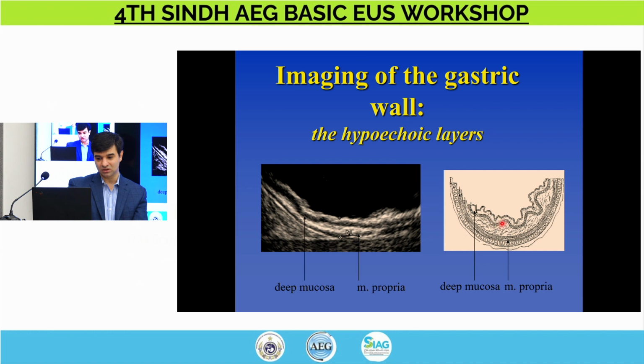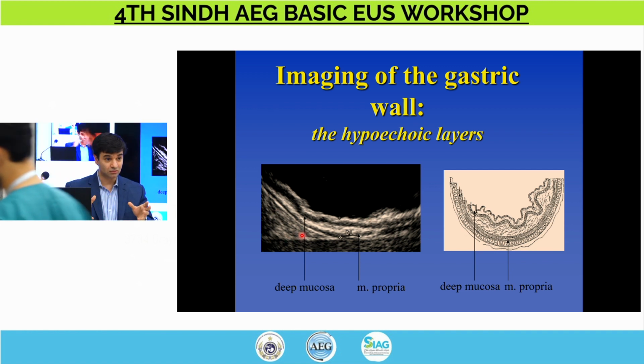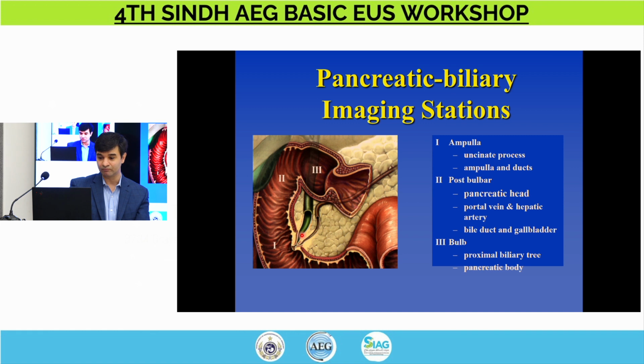Looking at the histological correlate, that is this structure, and it is the muscularis mucosa. The white fibrous tissue-rich structure that separates them is the submucosa, and the mucosa typically is the whitish structure that is closest to the transducer. This is all periluminal fat that typically surrounds the lumen.